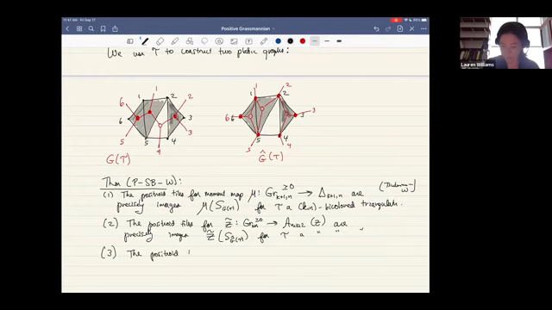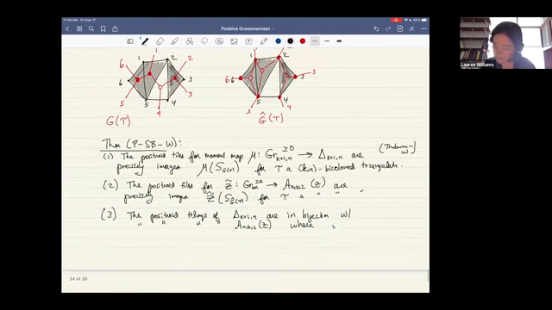And then finally, the positroid tilings of these two spaces are in bijection, where the correspondence is exactly what you'd think it is.